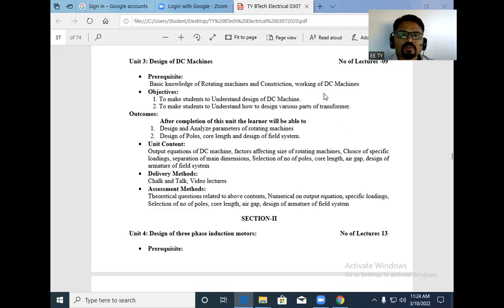Then next point, core length. Next, air gap.